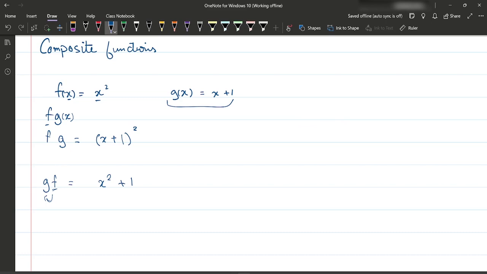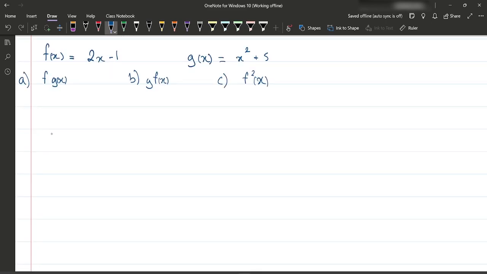Let me get some examples going on here. Okay, so what is the first one saying? It's saying take the function g and put it into f. Well, that's no problem. First of all, you have to write out g, x squared plus 5, and then put it into f, which is just going to be 2 times that, minus 1. Because if you remember, this was our x, right? So assume that all of g has turned into x.